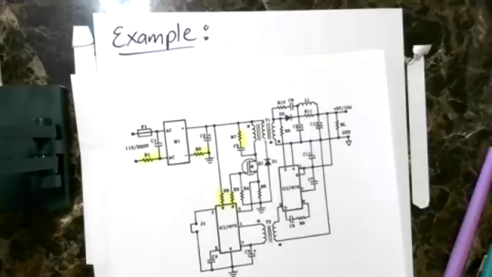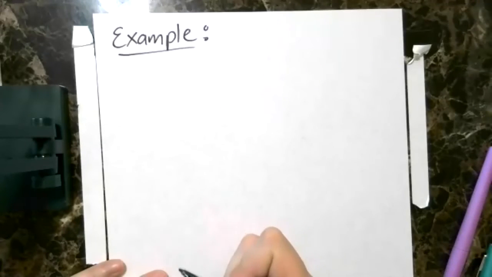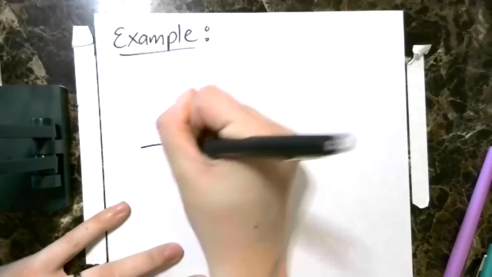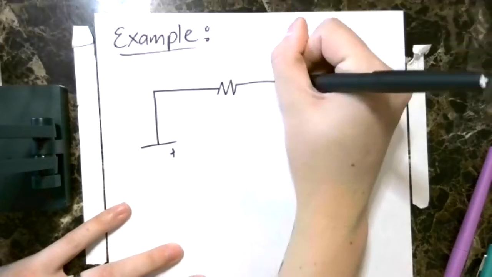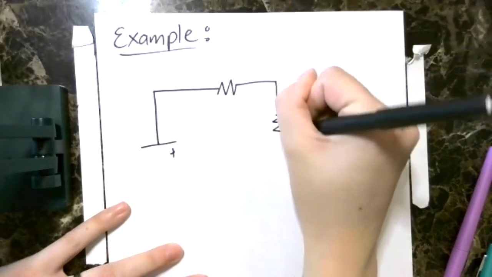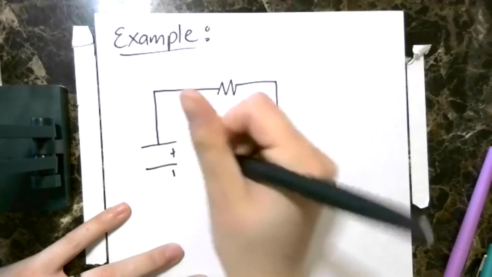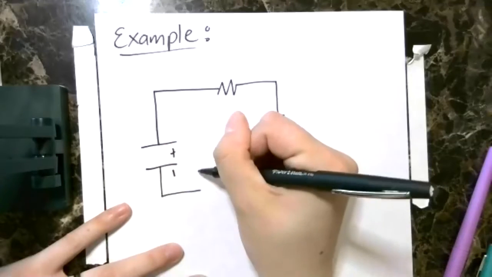So let's start building up, okay? So let's say in this example, I have, ooh, wow. Trying sideways is hard. Okay.